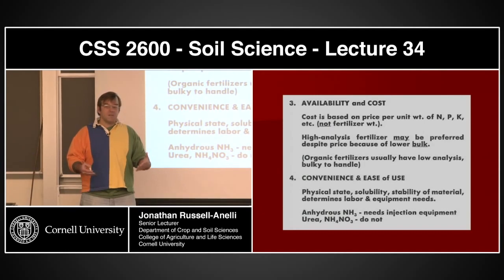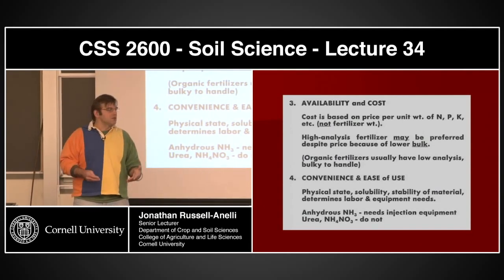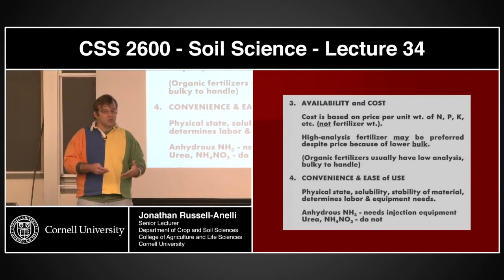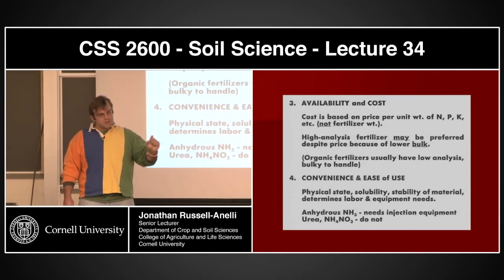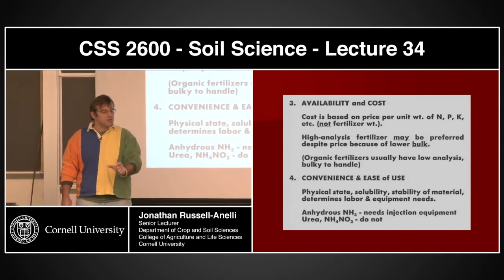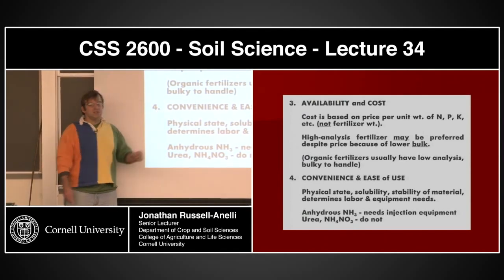On the other hand, it could be a different type of fertilizer that has a higher concentration. So not only do you have to think about the higher concentration when you talk about costs, but you also have to think about the bulk of the material, how you're actually going to transport it, which comes into this idea of convenience and ease of use.